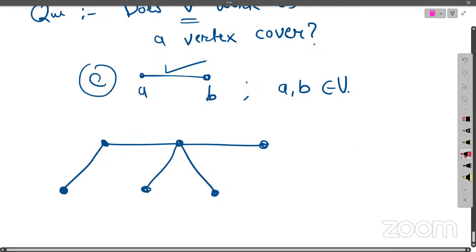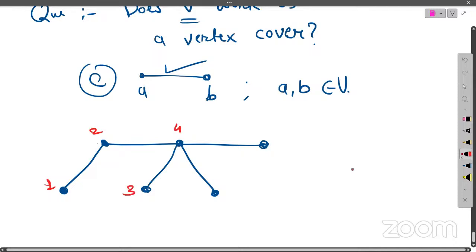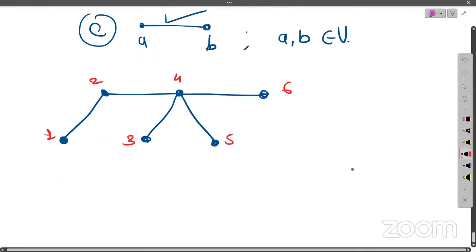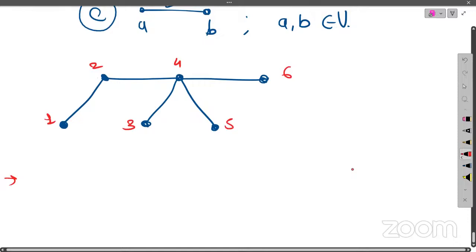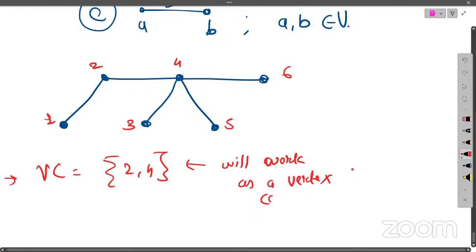Suppose I have this graph with the vertices 1, 2, 3, 4, 5, 6. Now if I consider the vertex cover to be the set {2, 4}, then this set will work as a vertex cover. And here we are using just 2 vertices.